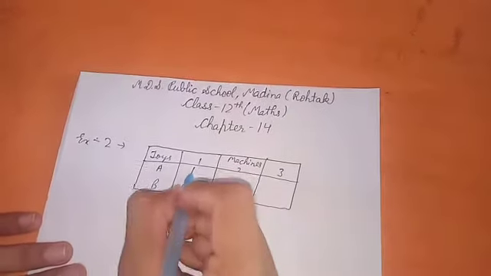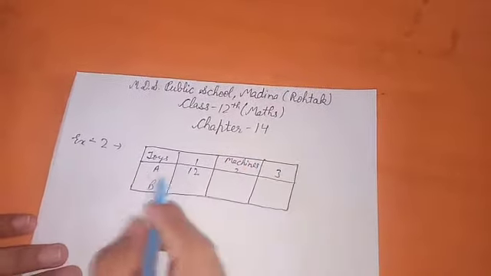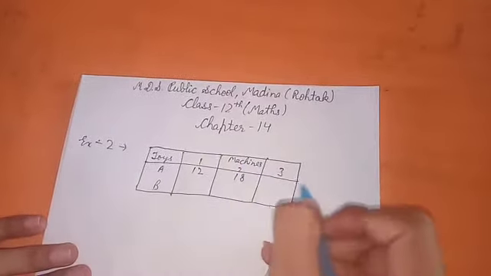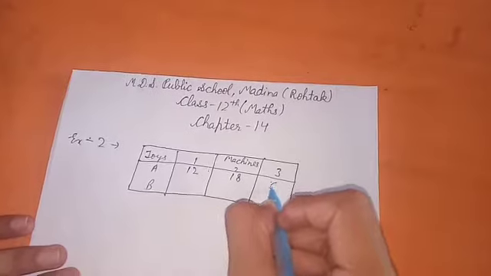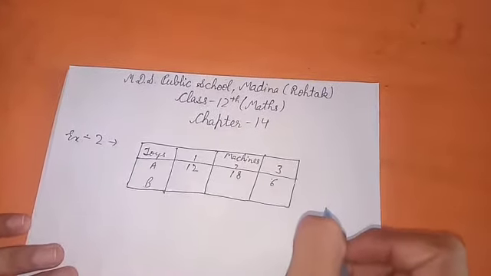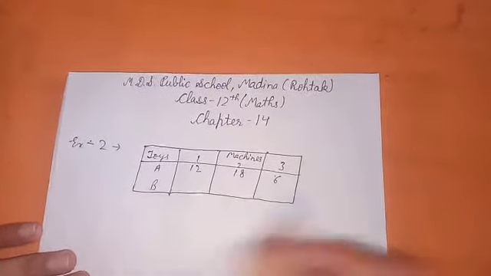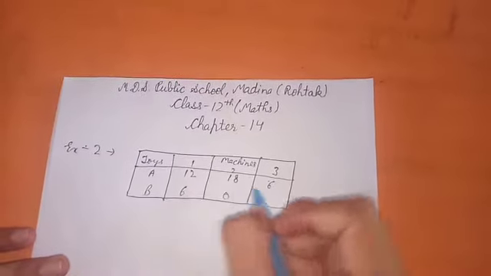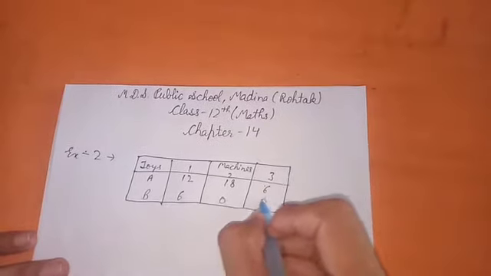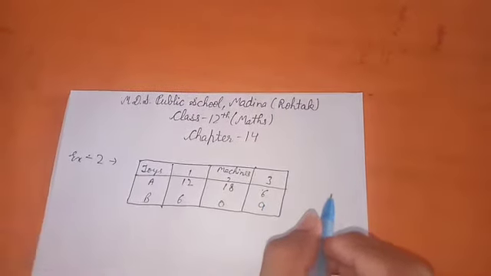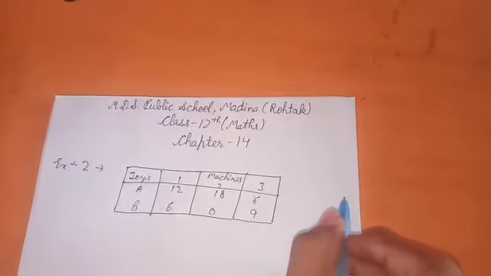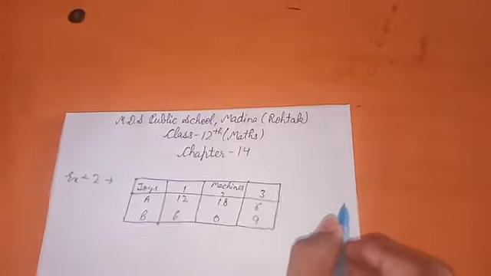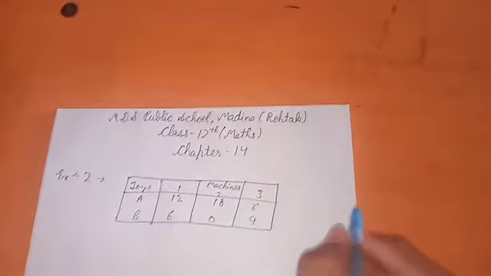It is given that toy A takes 12 minutes in machine 1, 18 minutes in machine 2 and 6 minutes in machine 3. And toy B takes 6 minutes in machine 1, 0 minutes in machine 2 and 9 minutes in machine 3. Okay. Each machine is available for a maximum period of 6 hours per day.